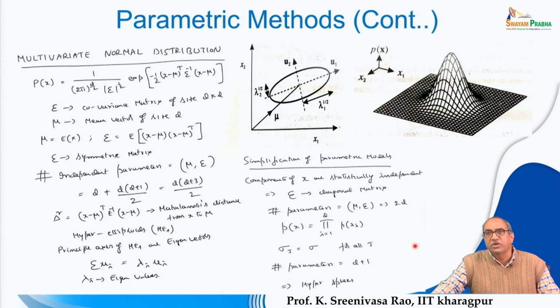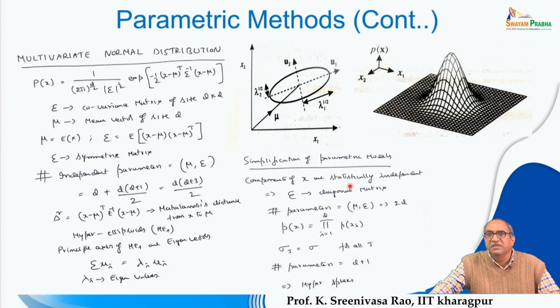The covariance matrix becomes a diagonal matrix, and the number of parameters is reduced to 2d.